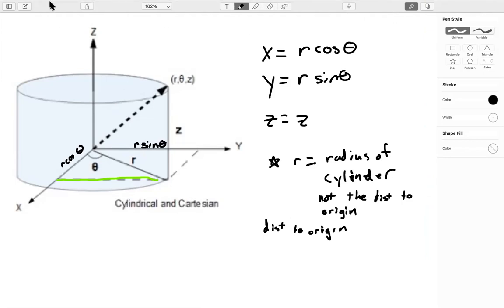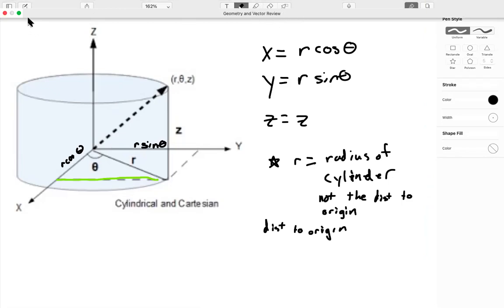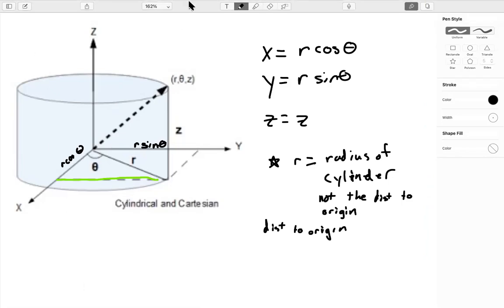So look at the triangle you get. Think about this triangle right here.